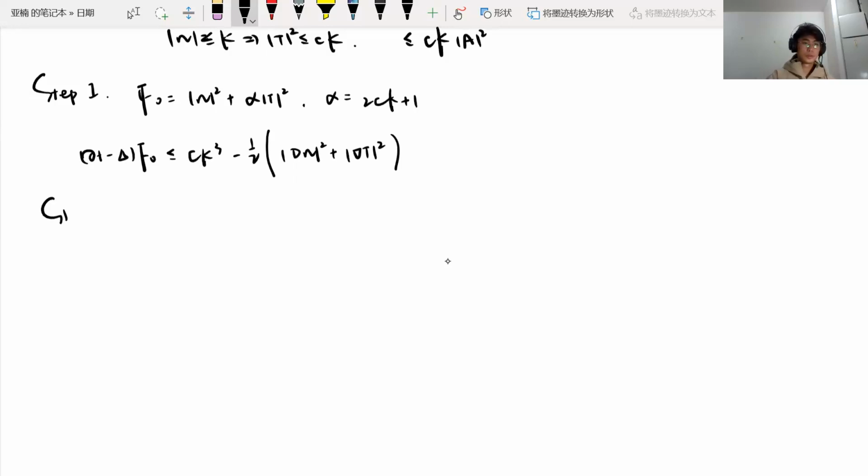Then we can estimate A T. Actually, we compute using this function.